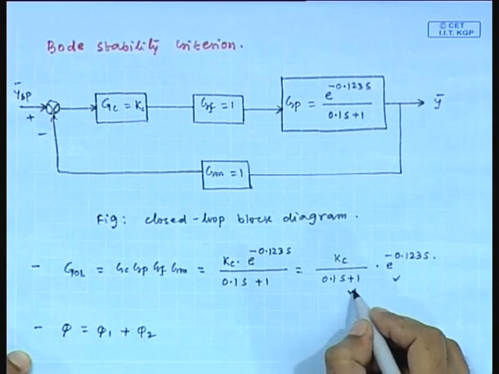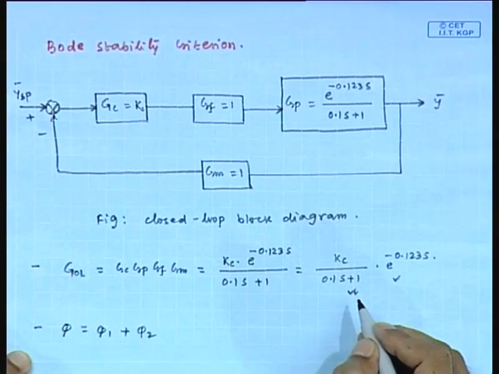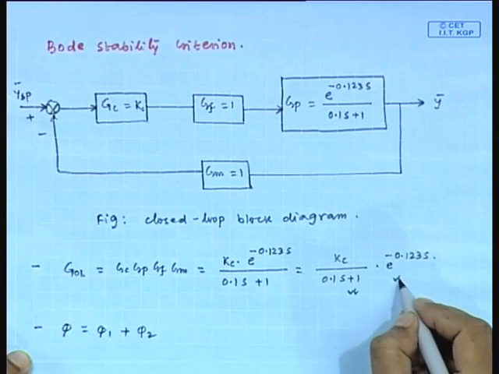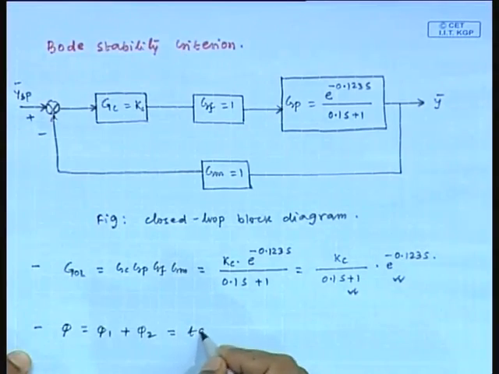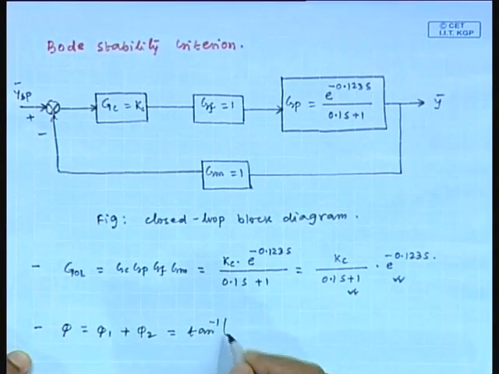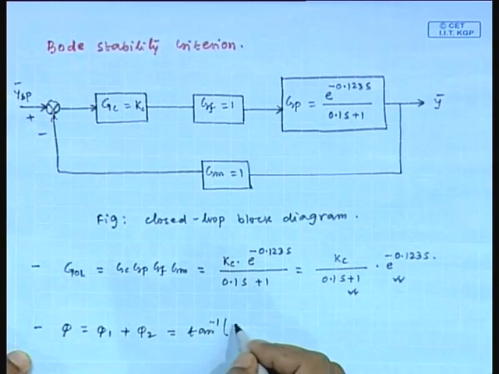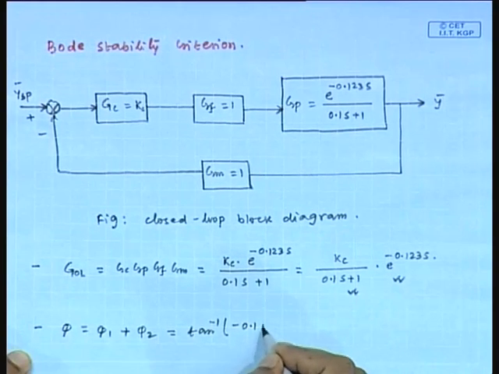This is representing the first system, and this is the second. So, how much will this be? For a first order system, we know phi is tan inverse minus tau omega. So, tan inverse, how much is tau? 0.1 omega.